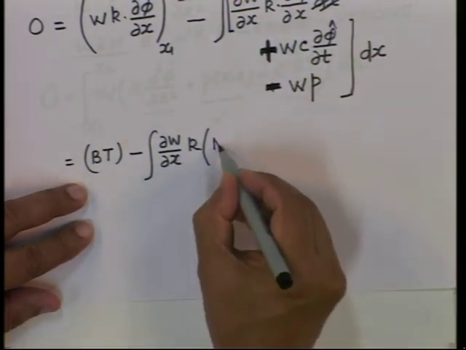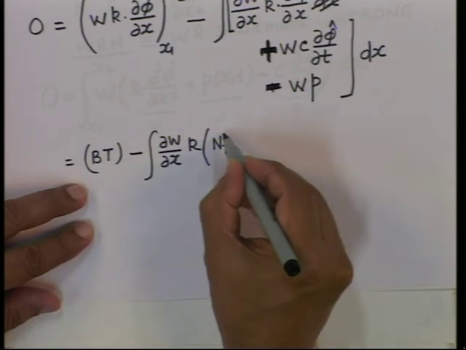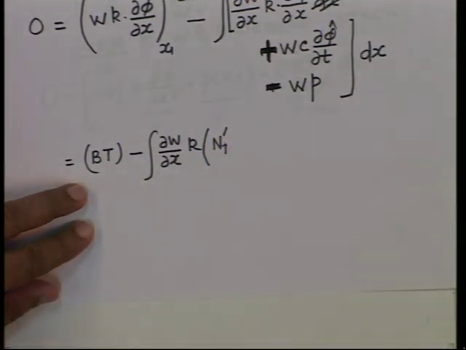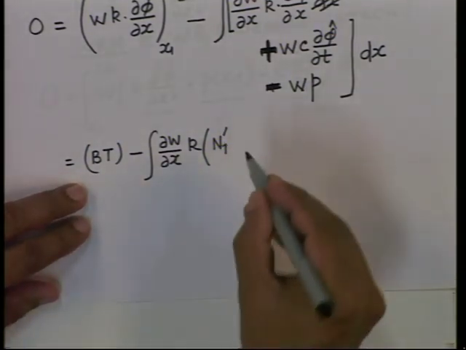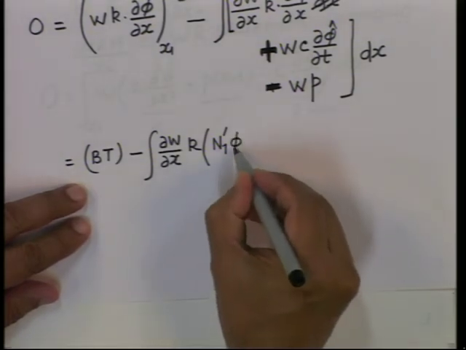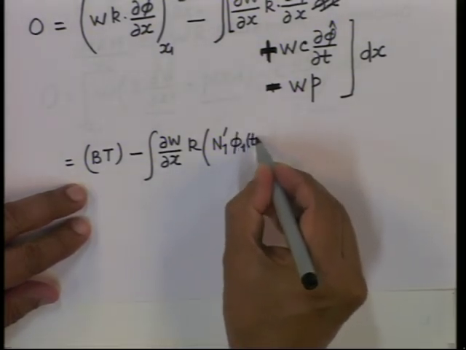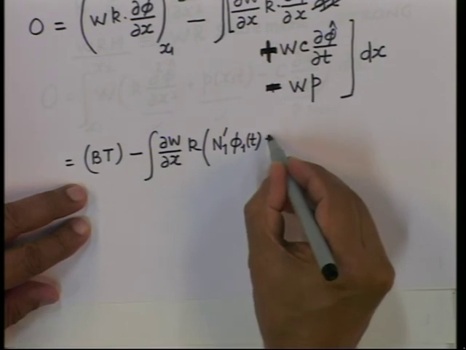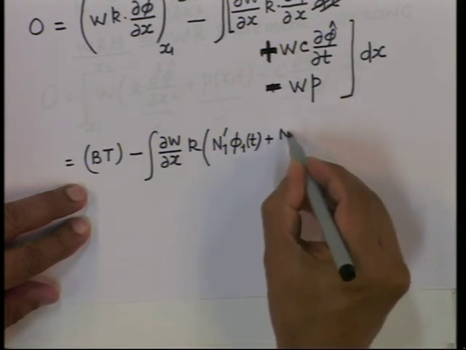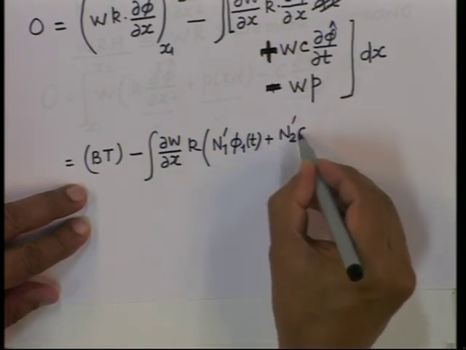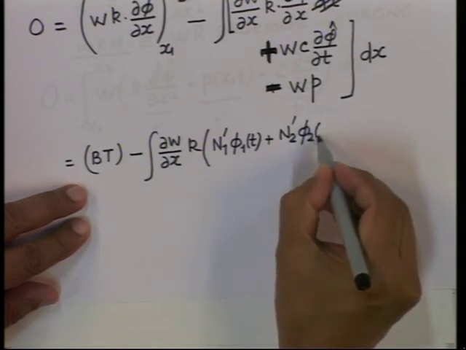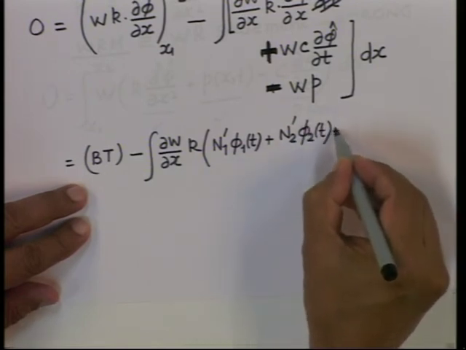I will use N1 dash. N1 dash means derivative with respect to x. N1 dash phi 1 of t. Let me write down t here, plus N2 dash phi 2 of t, etc.